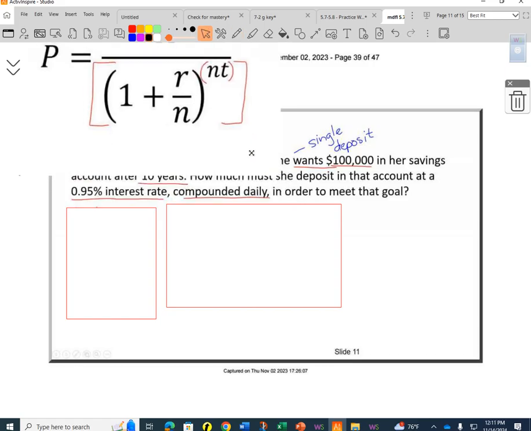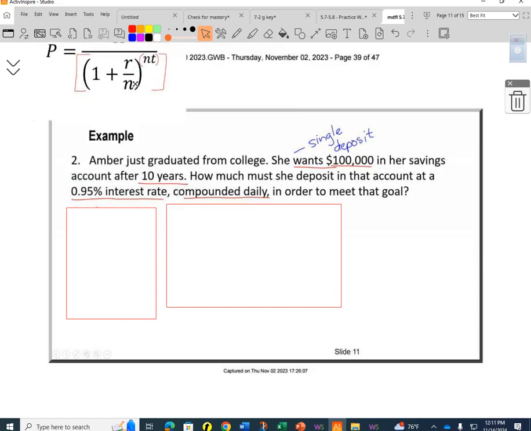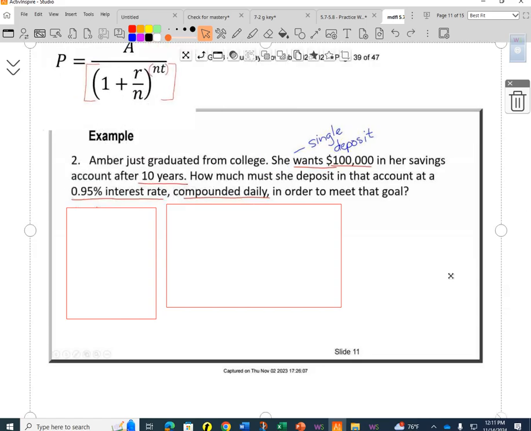So once again, these are a little bit easier because we know which formula we're supposed to be using, right? But you really need to look for these clues and concentrate on this when we start reviewing for our test tomorrow and Monday. How do you know which formula to use? Well, Amber just graduated from college. She wants $100,000 in her savings account after 10 years. How much must she deposit?